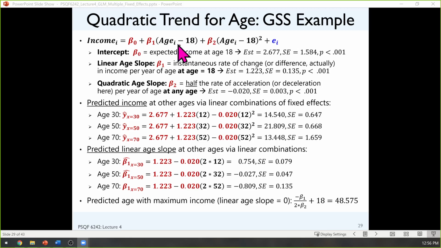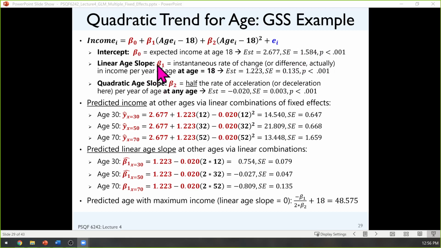Whereas if you don't have the centering constant in here, they'd have to read your text to find out how each of the variables was coded. So by putting age 18 in here, that is telling my reader that beta 0 is going to be the expected outcome at age 18 specifically. So that was estimated at 2.6. So the average 18-year-old is predicted to make about $2,700. And that is not zero, so they do get to make some money.